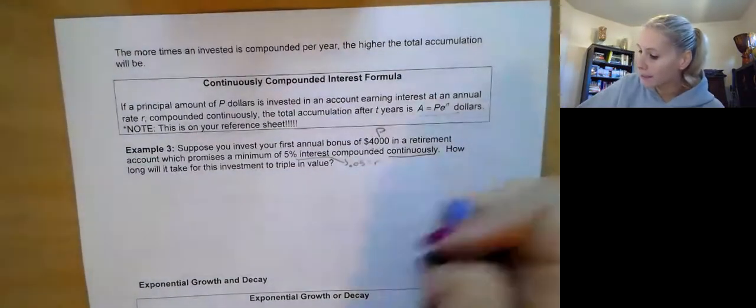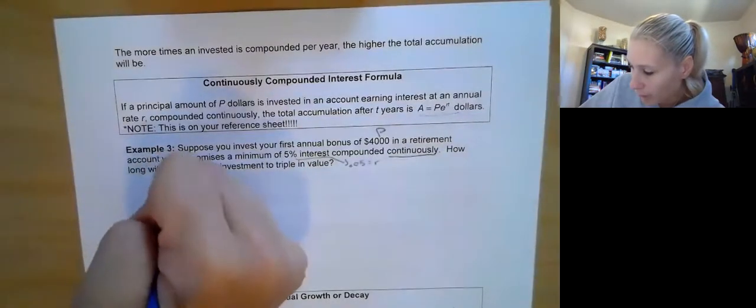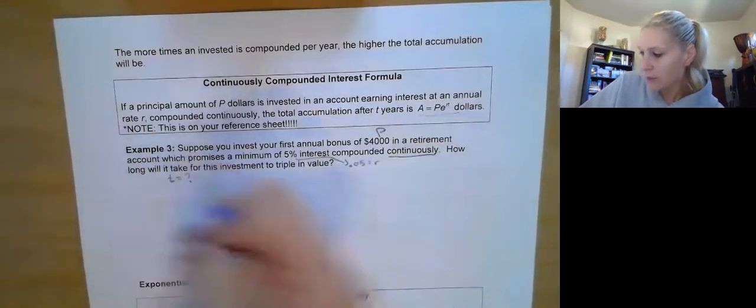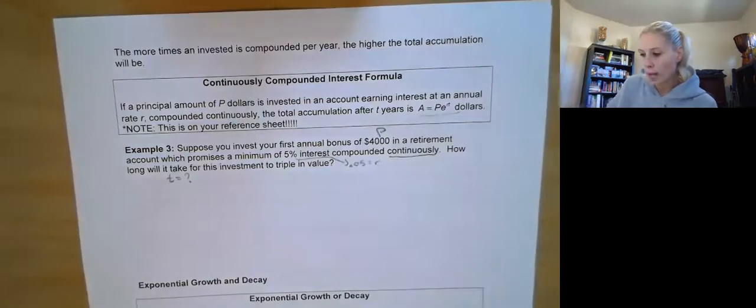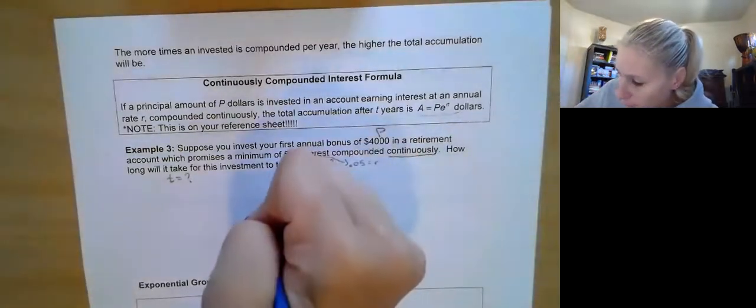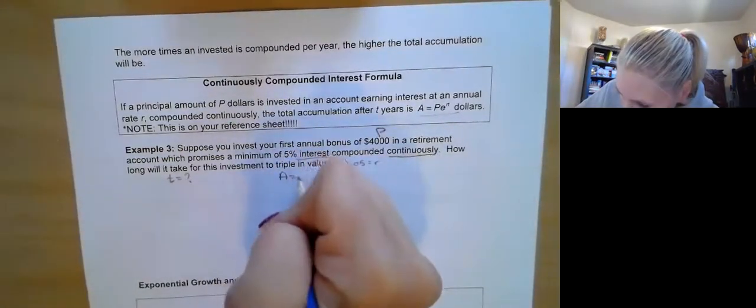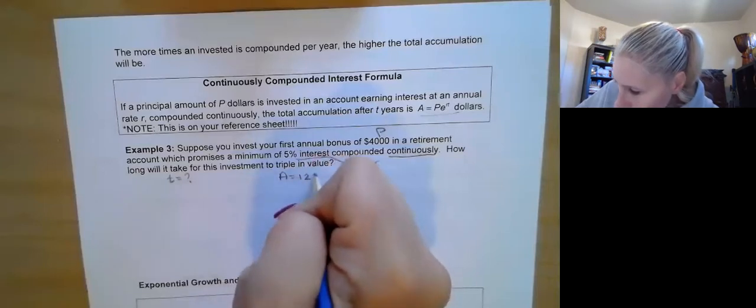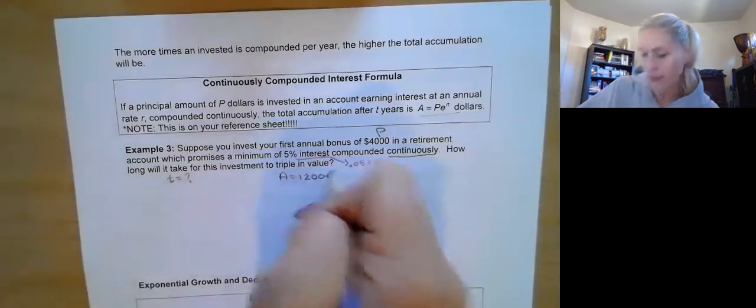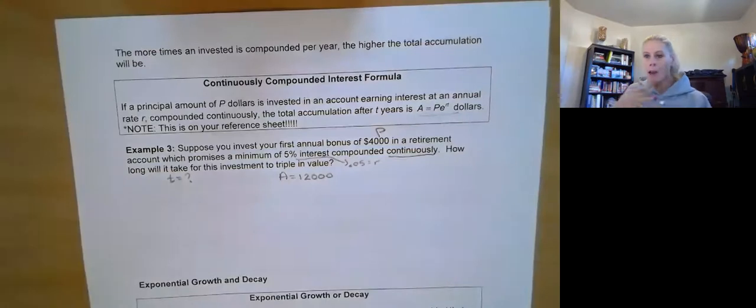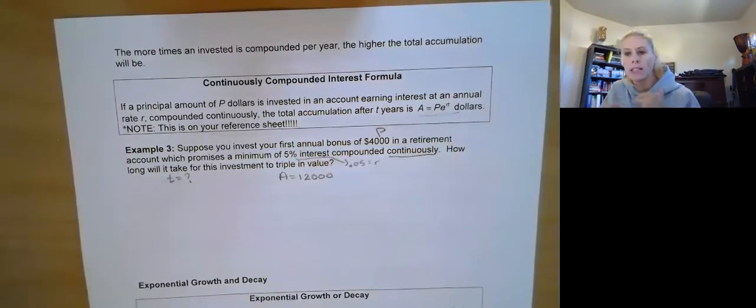How long will it take? So we're trying to find T, to triple our value. Well, triple our value means that A equals, let's see, 4,000 times 3 is 12,000. See how I'm able to do that all at once and identify each number with each variable.